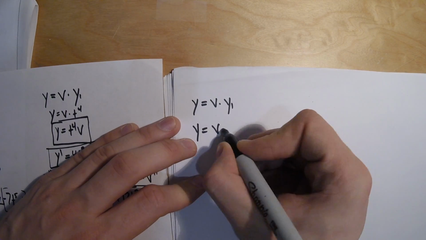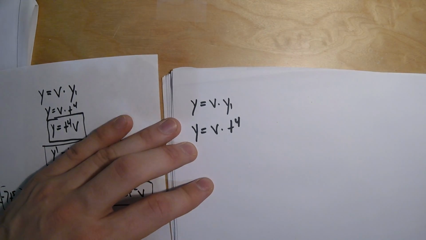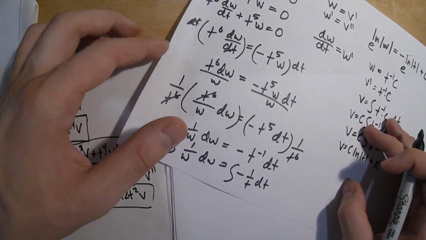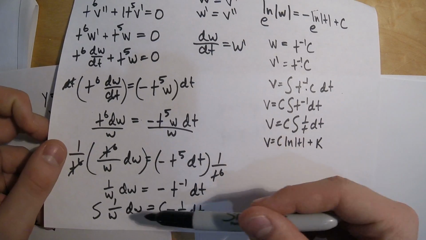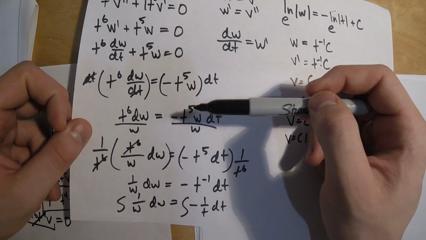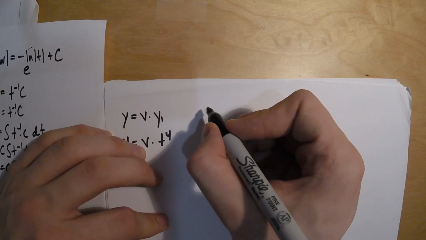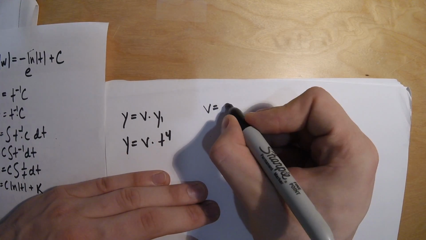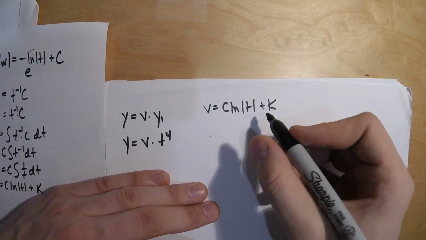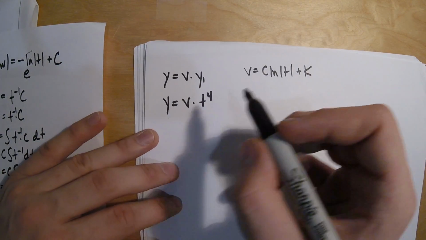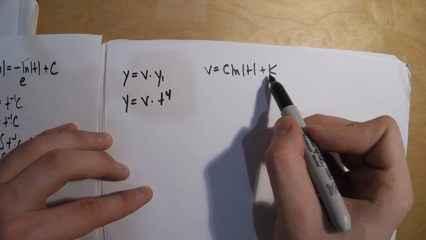So y equals v times t to the 4th. We figured out v using separables: v equals c, which is a constant, ln of t plus k, where k is another constant. So I'm going to substitute the v with what I have here.